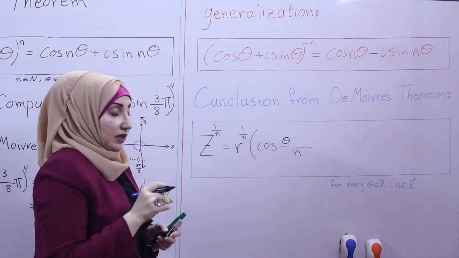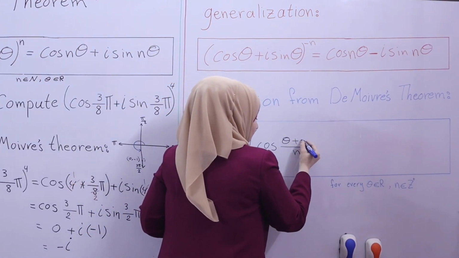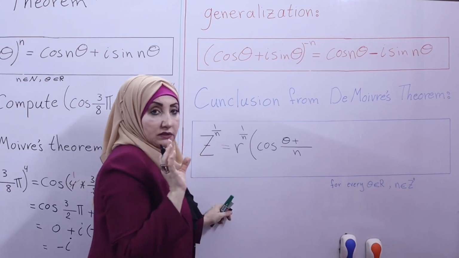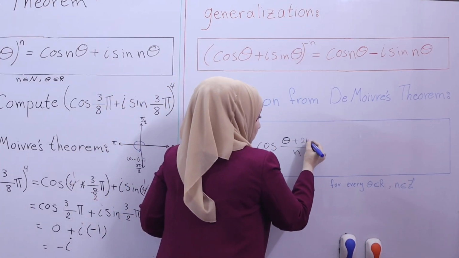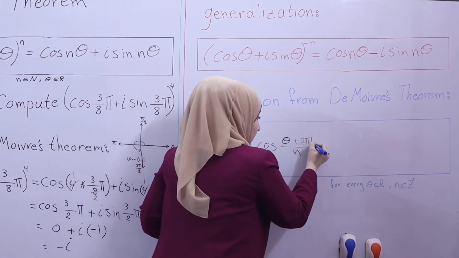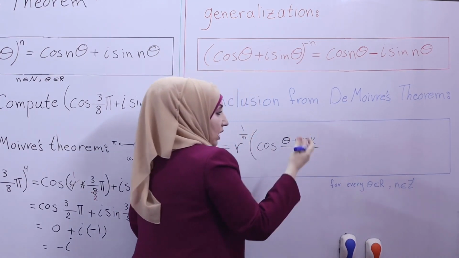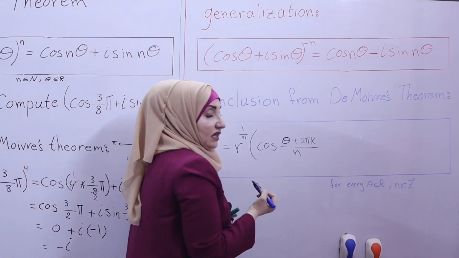But we will add for it، راح نضيف لها عدد ثابت من الدورات. هذا الفرق. شنو عدد ثابت من الدورات؟ الدورة الواحدة 2 باي. عدد ثابت من الدورات k. ليكن k 1 2 3 4. إذن راح نضيف لها عدد ثابت من الدورات.